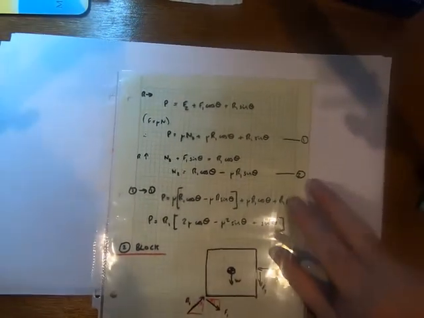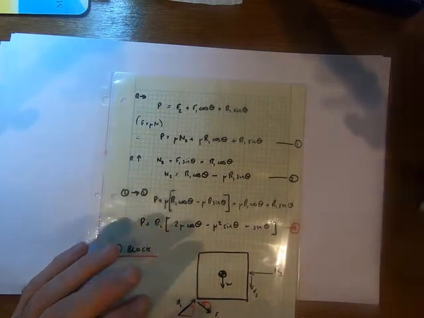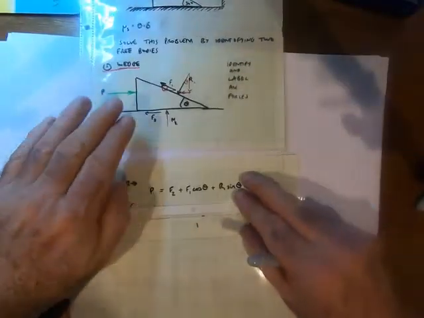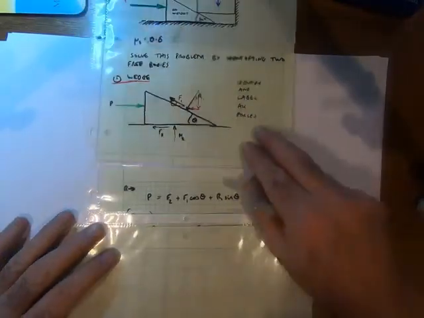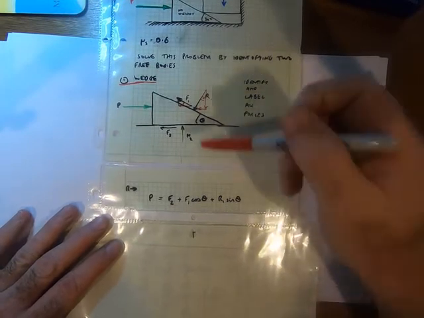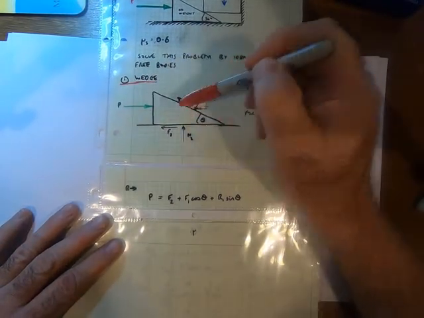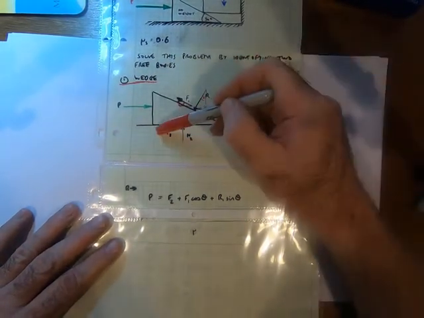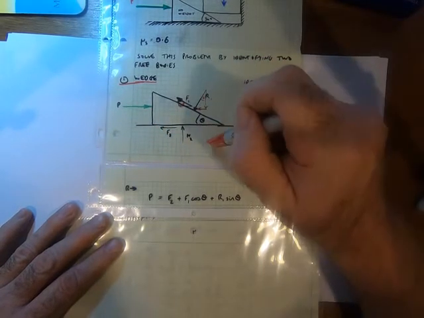Okay, so now I resolve horizontally. There's a lot going on here, do not fret. Let's bring the sketch back here so we can see what we're doing. So I've got my P from left to right equal to my F2 from right to left. Again, the signs are defining the direction.